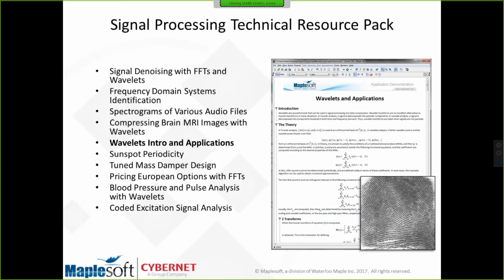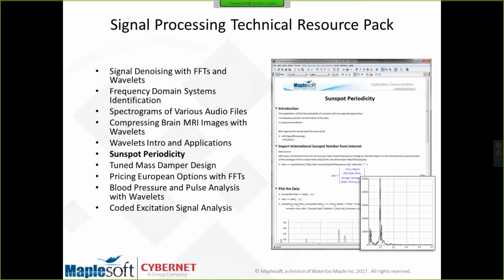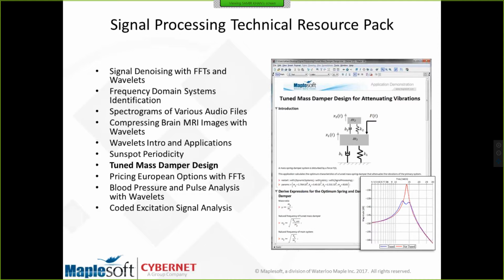There's also a more basic introduction into wavelets. There's an application that downloads sunspot periodicity data from the internet and analyzes that time-based data to identify the period of sunspots. There's an application for tune mass damper design.